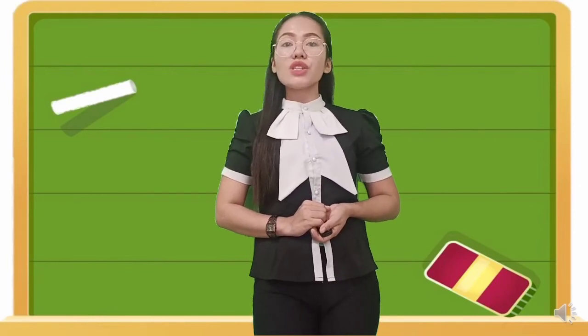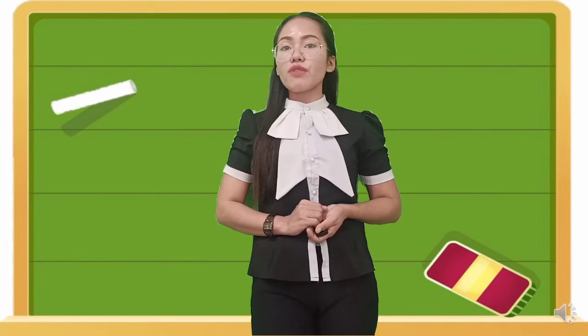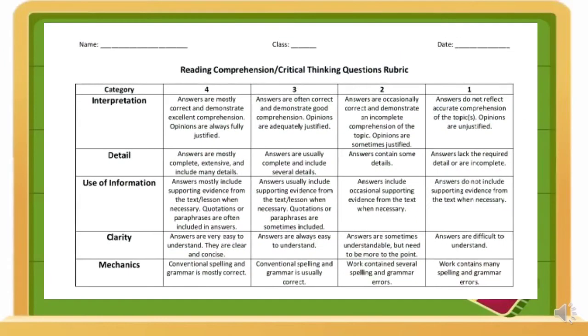You will interpret the video based on your own understanding. Write your work on a whole sheet of paper and your work will be turned in for evaluation. This is the rubric for your written work. If you are done, you can pass your paper.